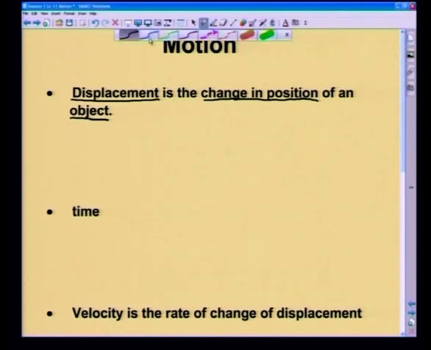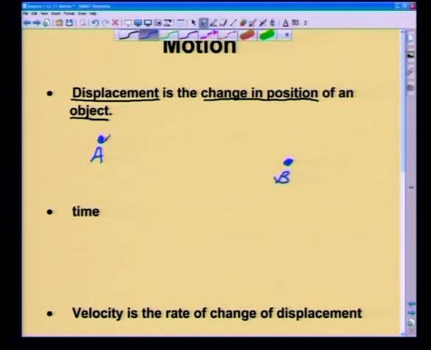Let me come up with an example here. Say you've got an object at a point A, and you have some point B there.